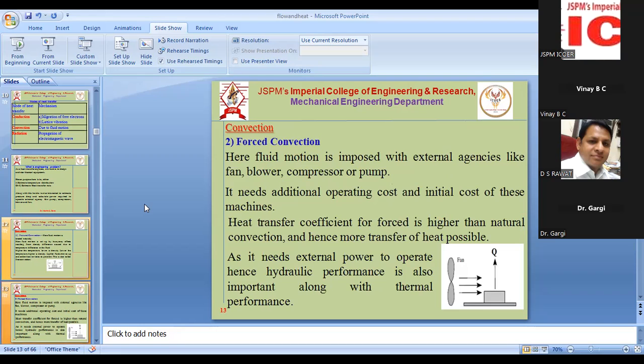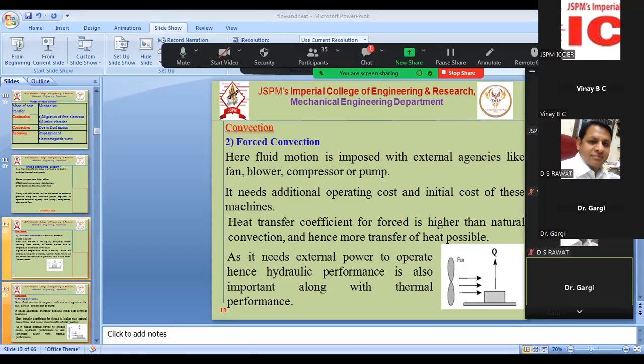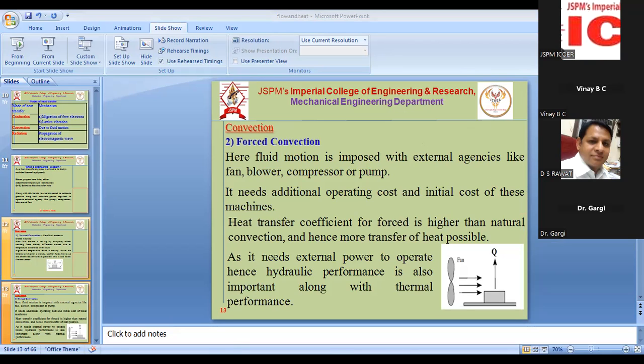Here the flow is created artificially with the help of some fan, blower, compressor, or pump. These devices need energy for operation. So we have to take the decision for forced convection only if it is required. If it is not required, then don't go for forced convection.